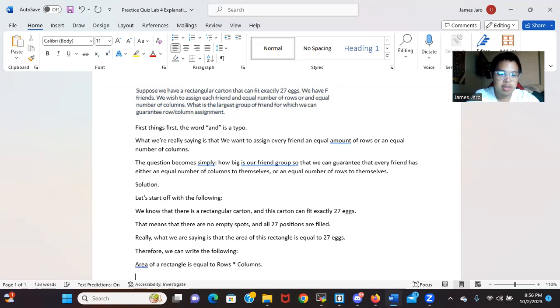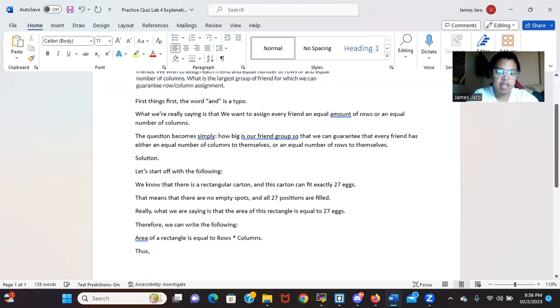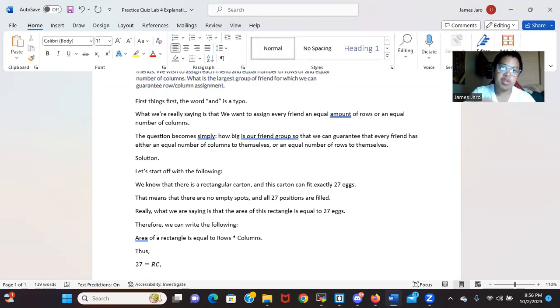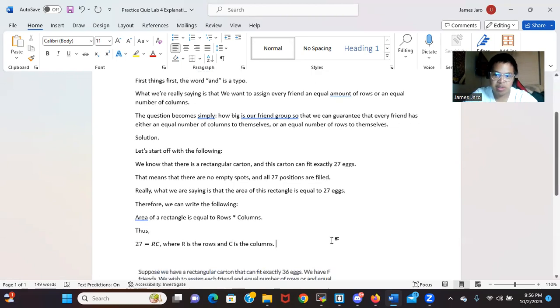So since the area of this rectangle is equal to 27 eggs, 27 is equal to R times C, where R represents the rows and C is the columns. That's how I would express that first sentence purely in mathematical terms.